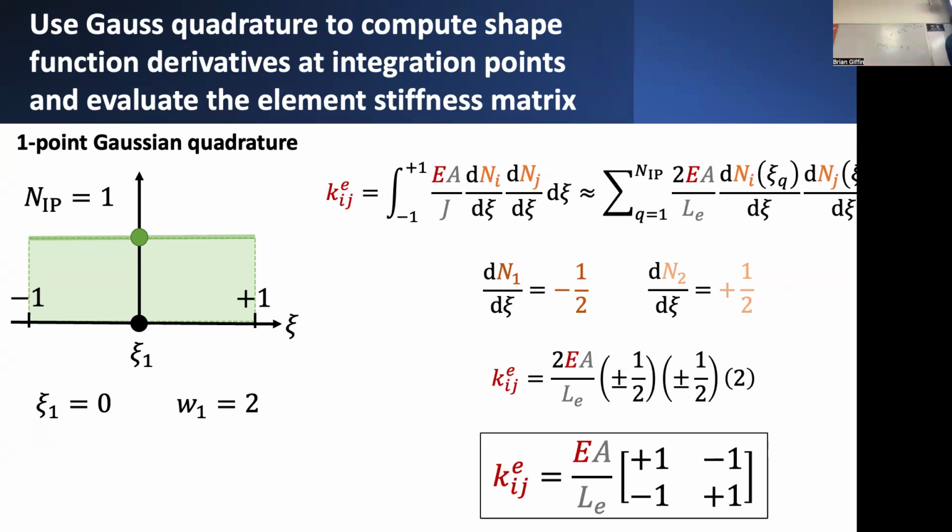So if I'm trying to integrate some function where the integrand is just a constant value, I don't really need anything fancy. I could just use a one-point Gaussian integration rule, and it will exactly evaluate this expression. It's not just approximate, it's exact.